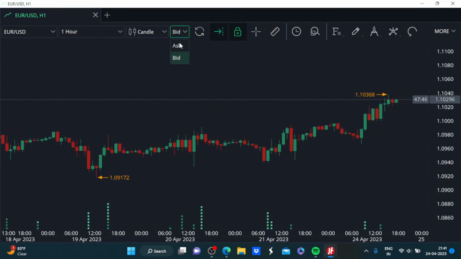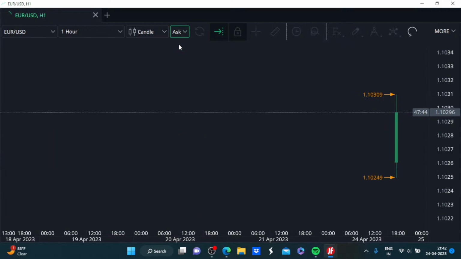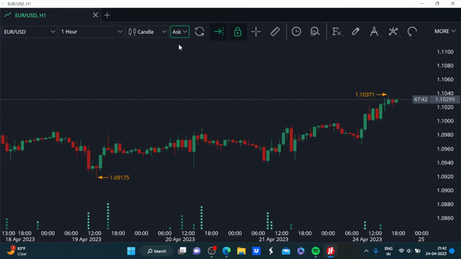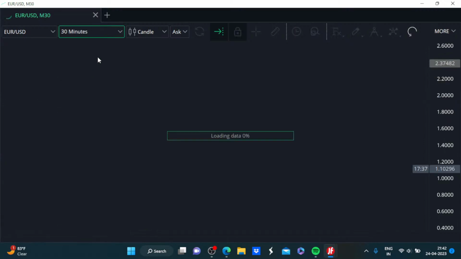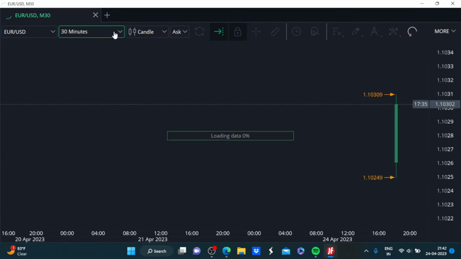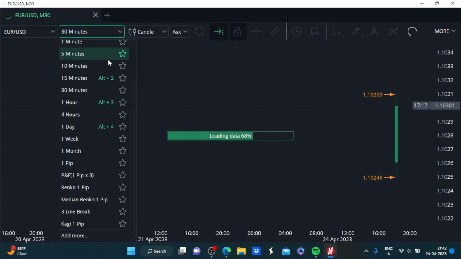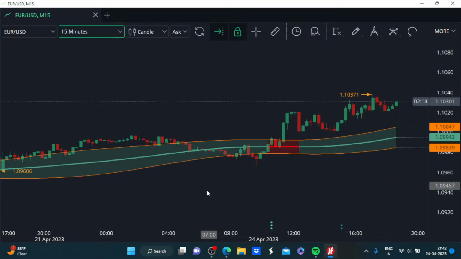Let me again change the, oh, it is yet to be plotted. As it is likely to take more data points to plot it on the hourly formation where each candle period is of 15 minutes, maybe because of that it is taking time.